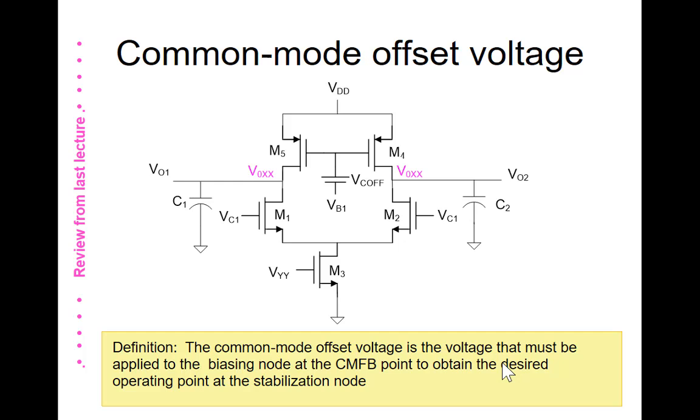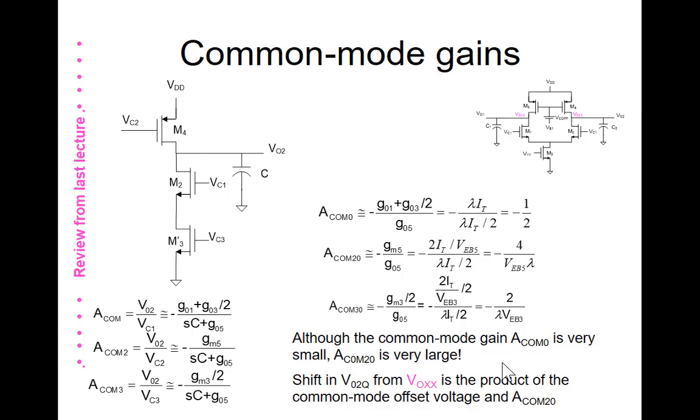We also talked about the common mode offset voltage, which was the residual voltage that you have at the input biasing node to get the quiescent output to be where you want it to be. We observed that we could look at a common mode half circuit, and there were several common mode gains. Each of the biasing points, each of the points on the axis of symmetry, was a different common mode input, so we can get common mode gains from those inputs. Of course, we also talked about the common mode input that we provided to the signal path.